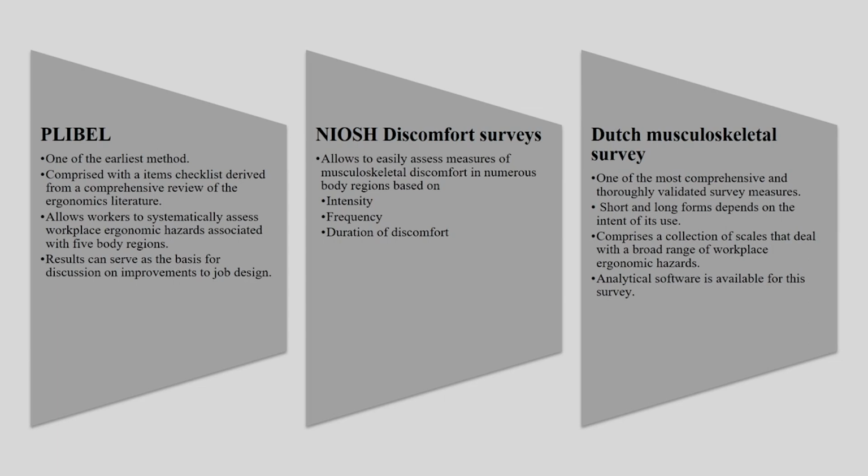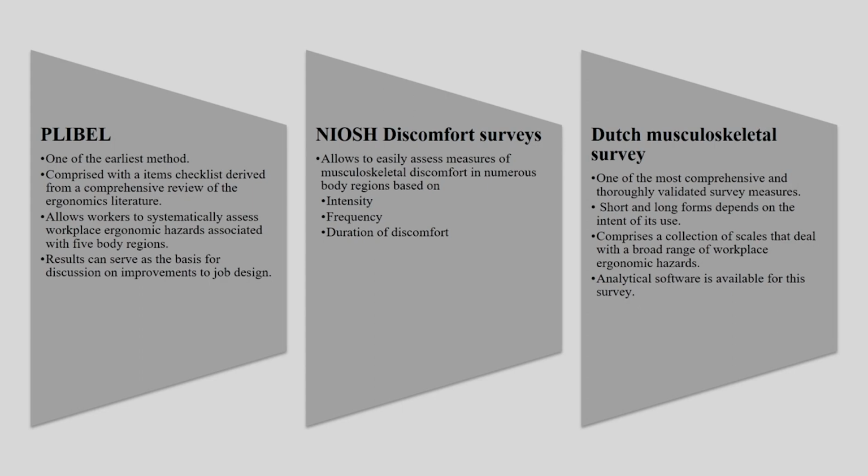So what is PLIBEL? It's one of the very easy methods, and it's also a very old, early method. It comprises an item checklist, with a variety of items derived from a comprehensive review of the ergonomics literature.